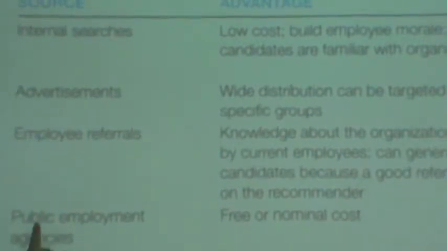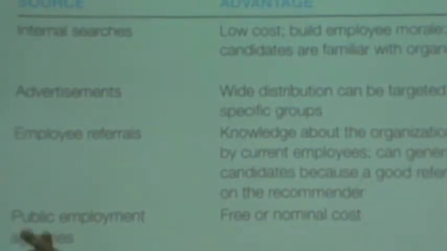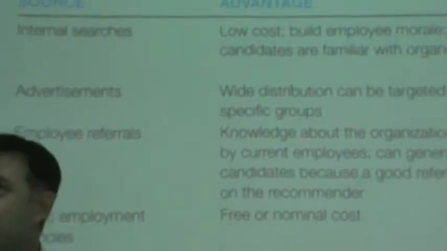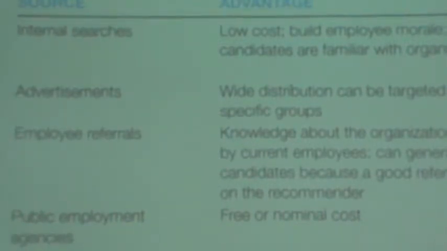So that's a public employment agency. And we have in Bulgaria many people who can go every week and say, well, do you have jobs for France or Germany or whatever they want to do, okay? Or do you have jobs for carpenters? So that's a public employment agency.